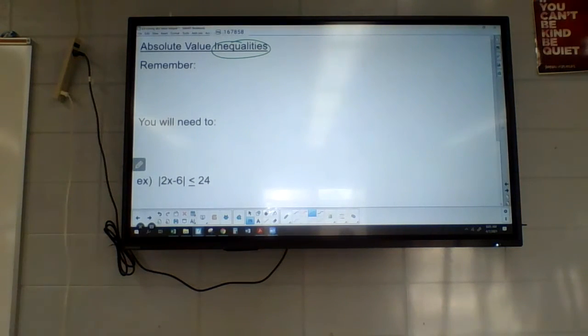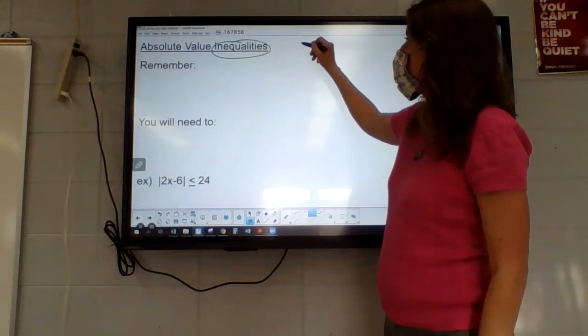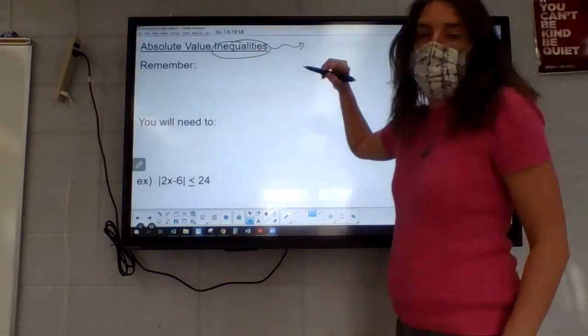But we have to remember that there's things about inequalities that made them a little bit more difficult. So just to make sure I include all my remember points, I'm going to grab my notes. So think about what you guys know about inequalities and also absolute value. The big things to remember with inequalities is when we multiply or divide by a negative, we have to flip it, if you guys recall.